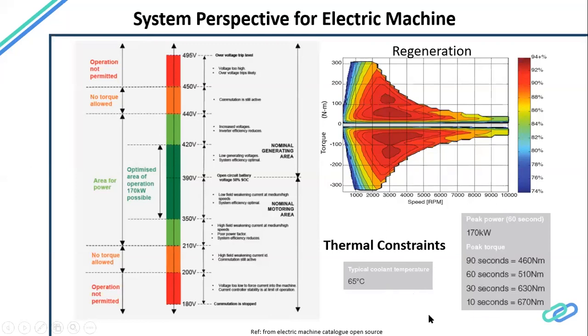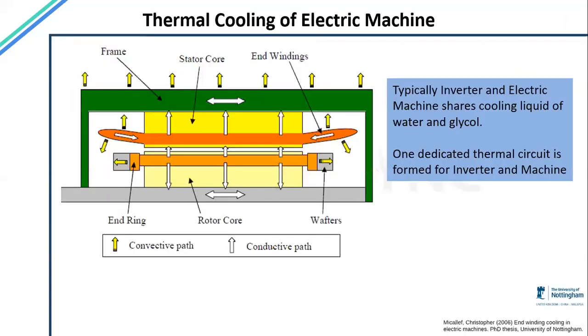The thermal cooling of an electric machine is typically done through glycol plus water, a water and glycol combination. There are separate radiators, maybe one radiator dedicated to the machine and the inverter, or there are different thermal circuits that we can discuss in deep dive sessions.